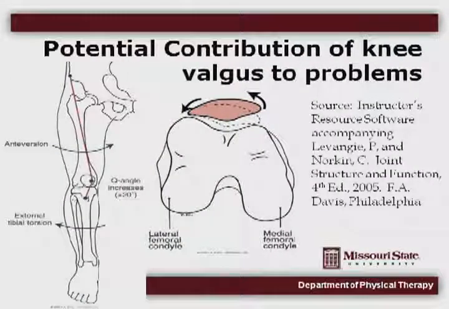Although knee valgus is thought of as a frontal plane feature, in reality it is affected by both frontal and transverse skeletal alignment and habitual movement patterns. The first image demonstrates the relationship between the frontal plane variable, Q angle, and the transverse plane rotation of the femur and tibia. The second image can help you visualize the consequences on the patellofemoral joint of the forces associated with high Q angle.